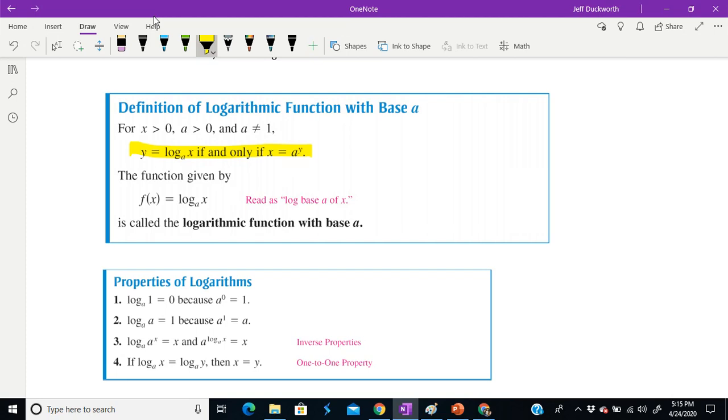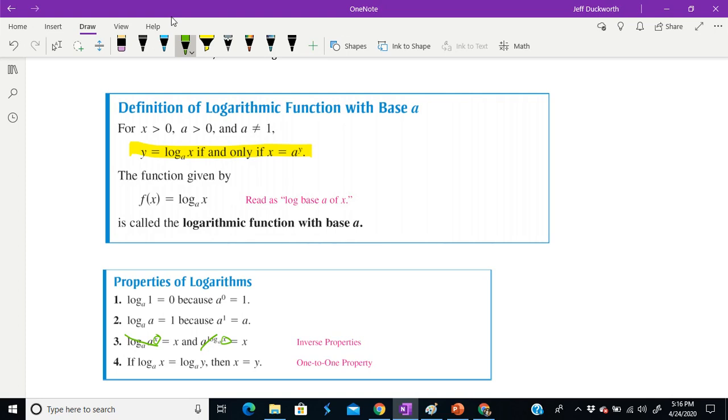Our inverse property. So log base a of a to the x equals x, and a to the log base a of x equals x. So each of those kind of cancels out. And what I typically do, if I draw this, you can do a big canceling here or a cancel there, and you're left with the circled part.